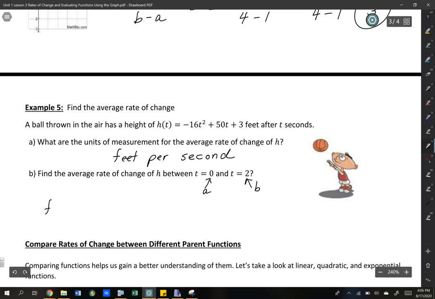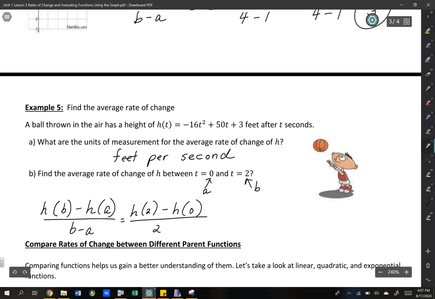So we're going to be doing our same formula. In this case, we're going to say h of b minus h of a over b minus a. So we've got h of 2 minus h of 0 over 2 minus 0.